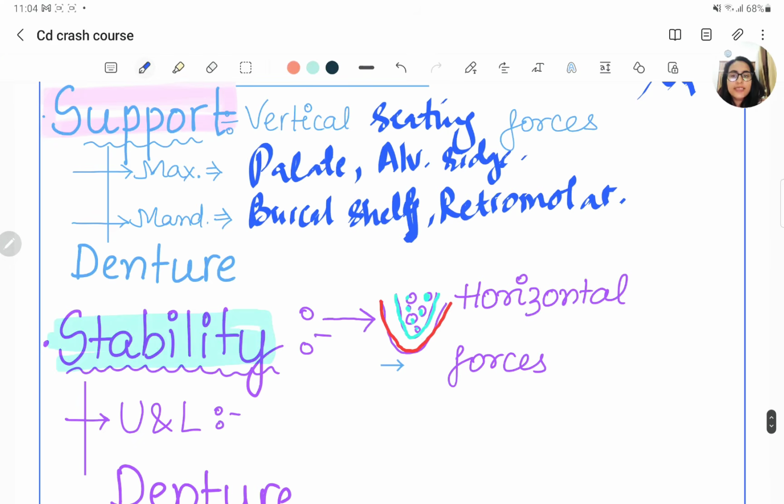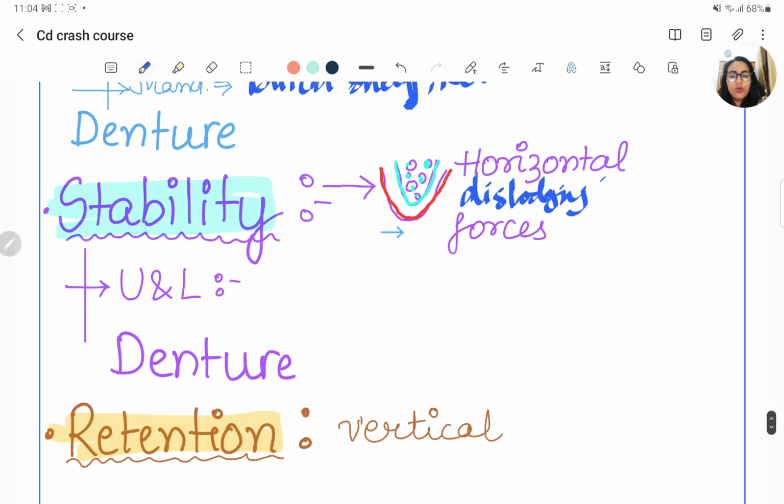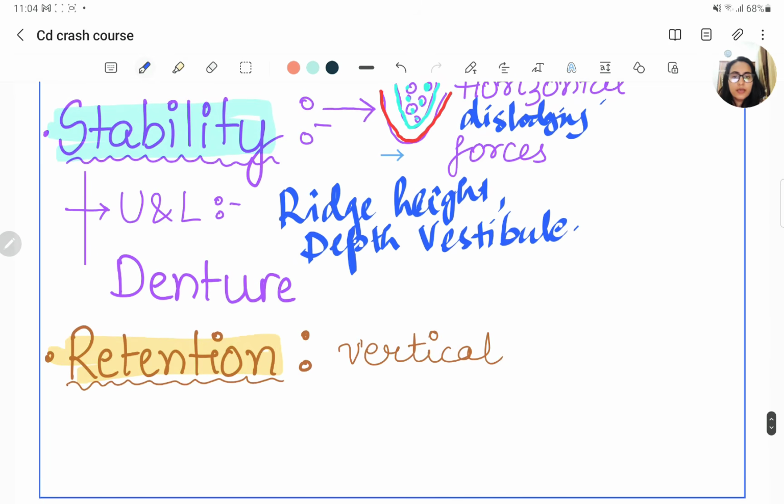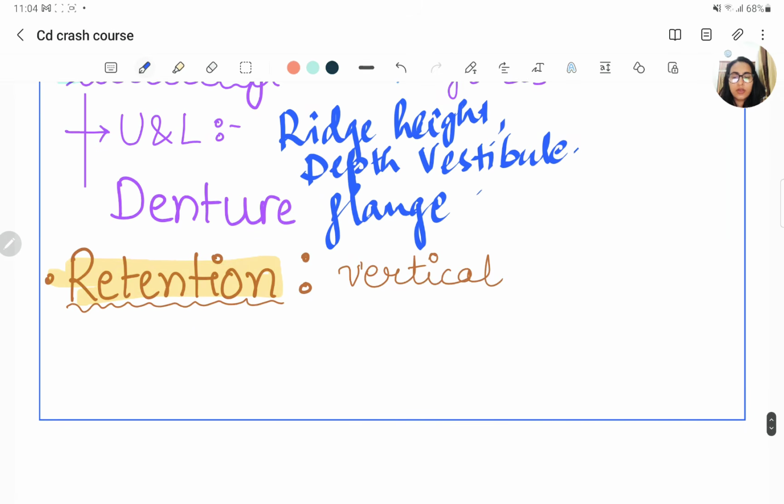Now talking about stability. Stability is against the horizontal dislodging forces, and the upper and lower denture stability is provided by the height of the ridge as well as the depth of the vestibule. The denture flange also provides stability to a denture.